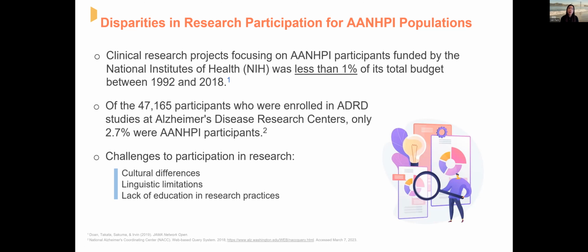Because of the significance of this public health issue, CARE focuses a lot on Alzheimer's disease and related dementias. One other statistic I wanted to share: less than 3% of all participants enrolled in ADRD studies at Alzheimer's disease research centers in our country identified as Asian American, Native Hawaiian, or Pacific Islander.